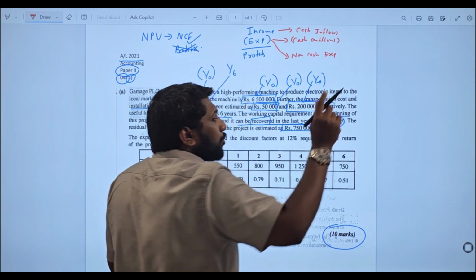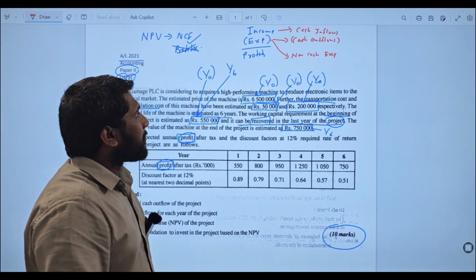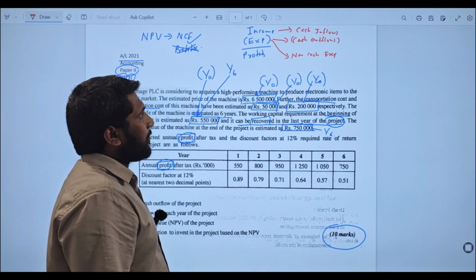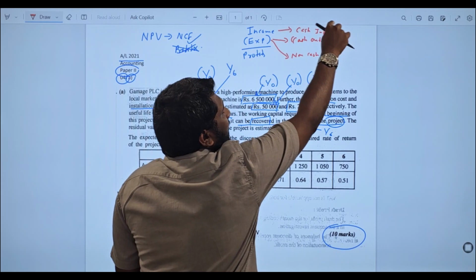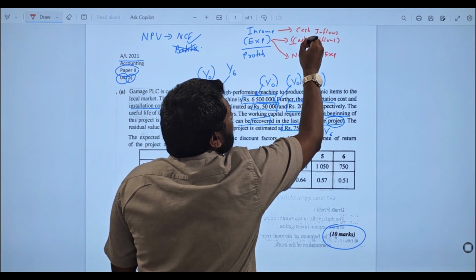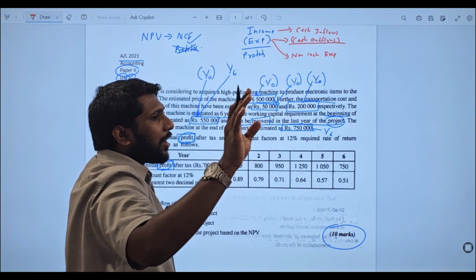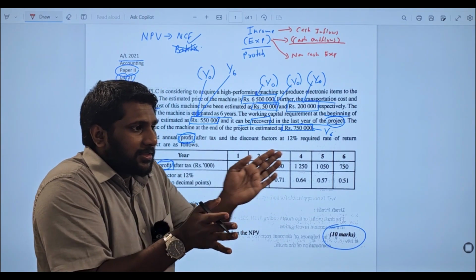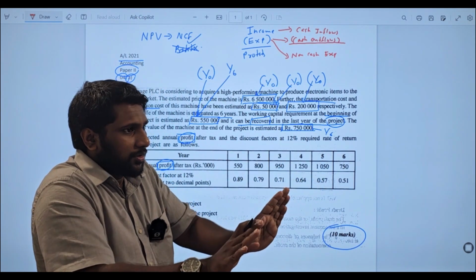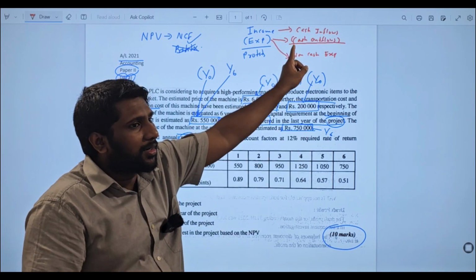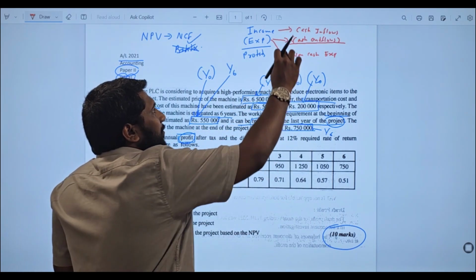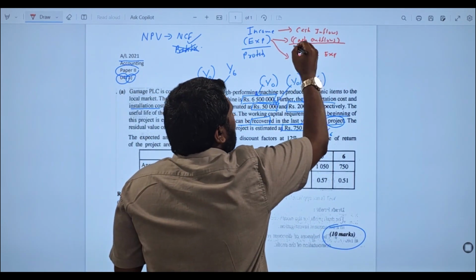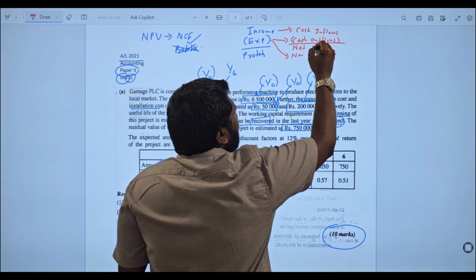Here, from my cash inflows, I am deducting only the cash outflows. Ideally, from your income you have to deduct both cash expenses and non-cash expenses, but currently I am deducting only the cash expenses. So from cash inflows, if you deduct the cash outflows, you get the net cash flows.